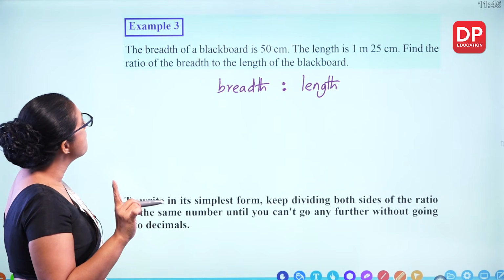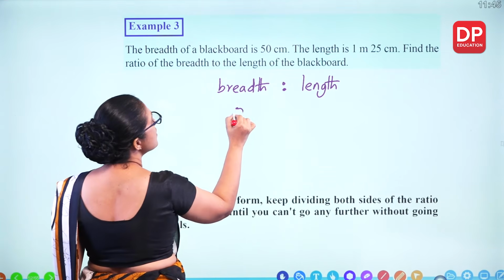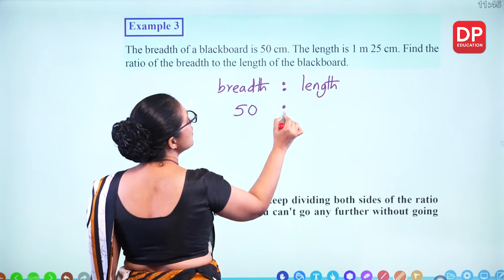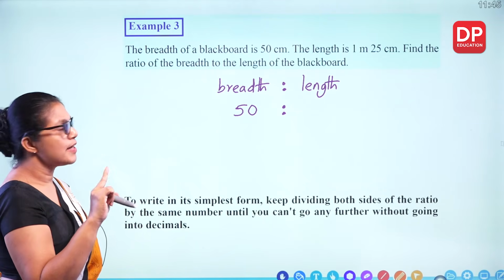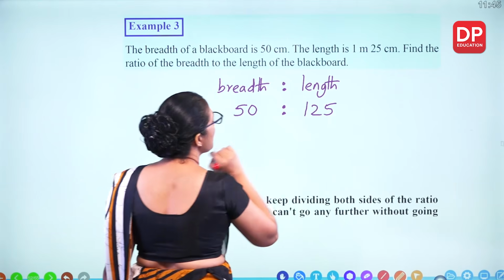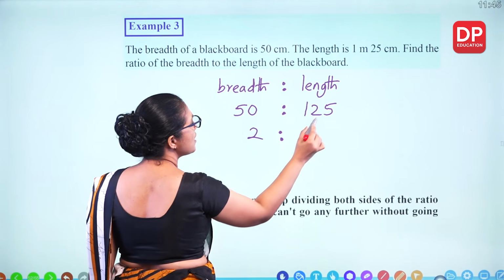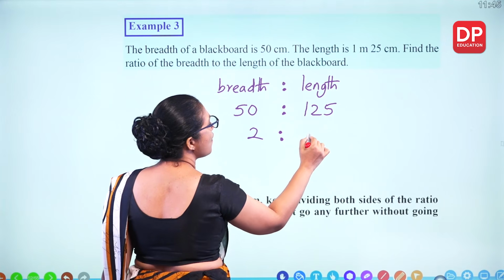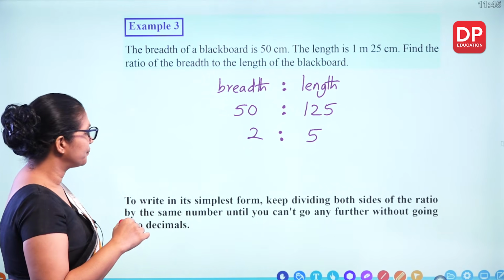Now, breadth is 50 centimeters. So we'll convert to centimeters. So this is 50. So length is 1 meter. 1 meter means 100 centimeters. 100 plus 25, 125. Divide by 25, you get 2. Divide by 25, you get 5. So 2 to 5 ratio.